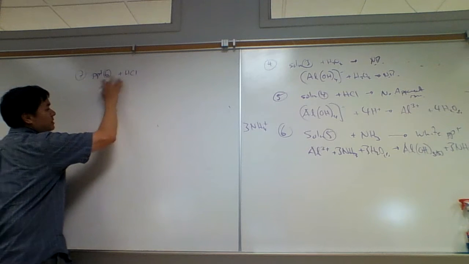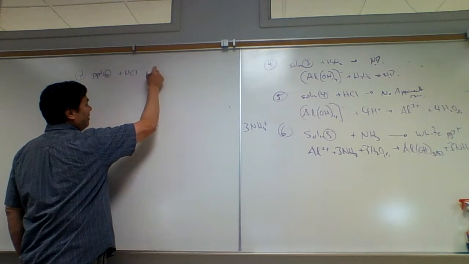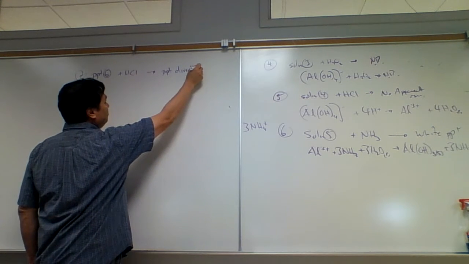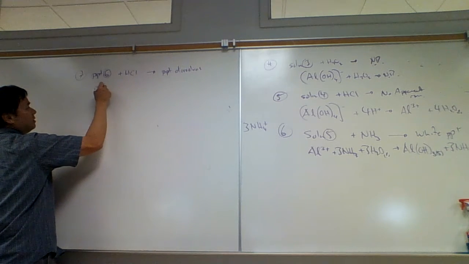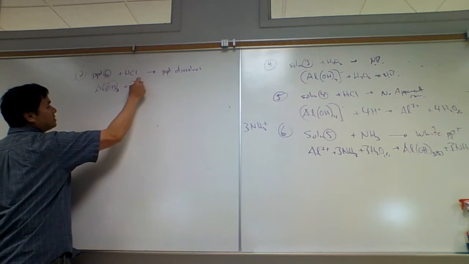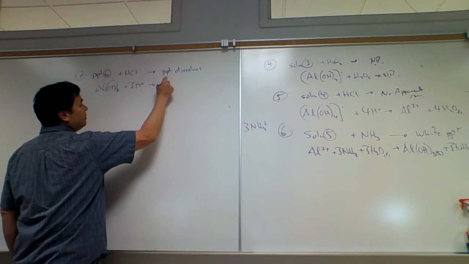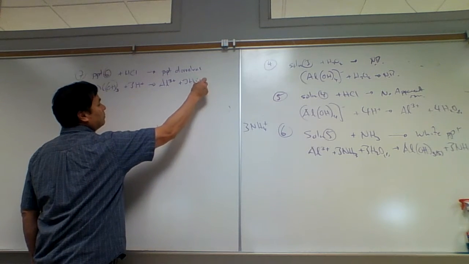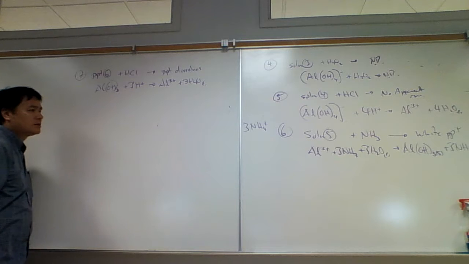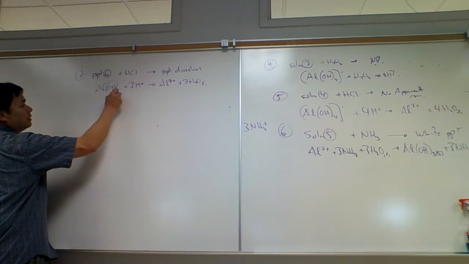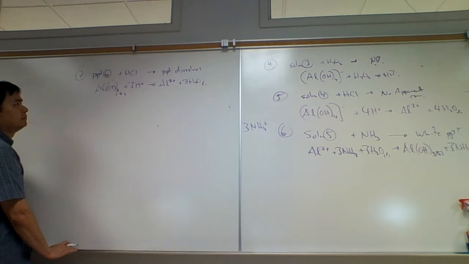The precipitate from 6 plus HCl, we'll just see the precipitate dissolves. And that is aluminum hydroxide plus 3 H+ will form Al3+ plus 3 waters. Just a metathesis or an acid-base reaction here. So aluminum hydroxide solid.